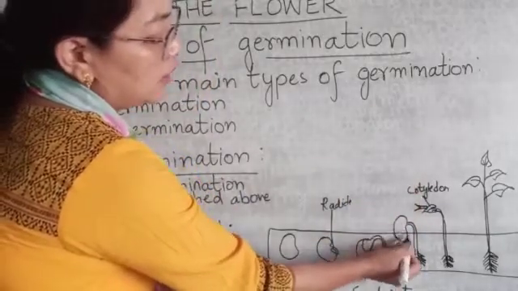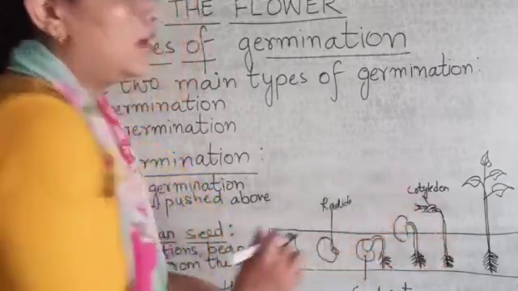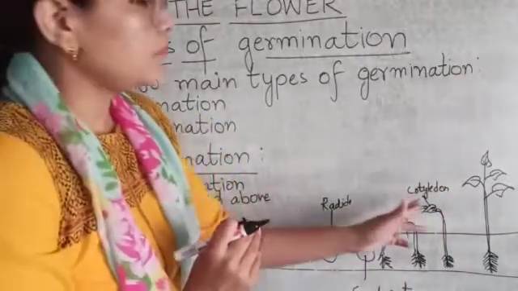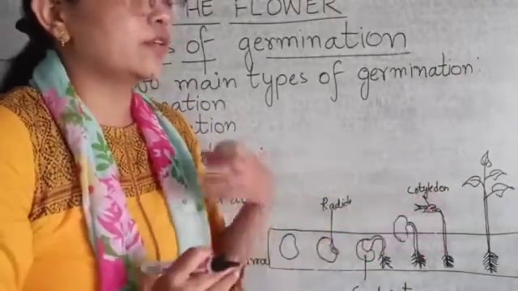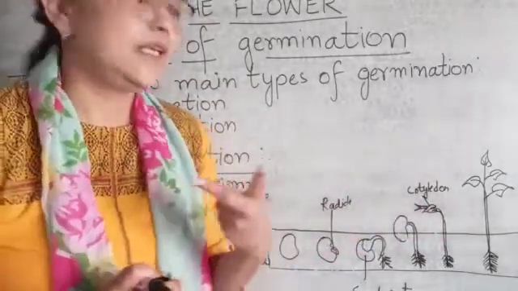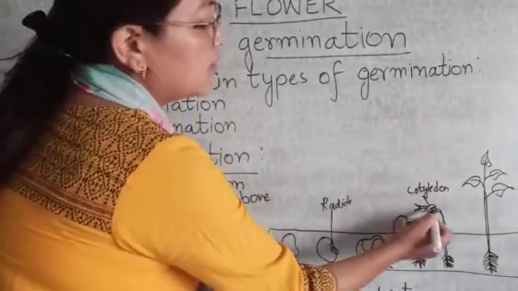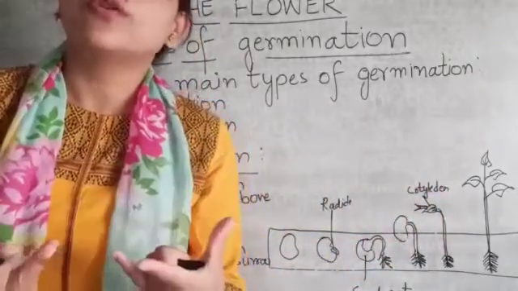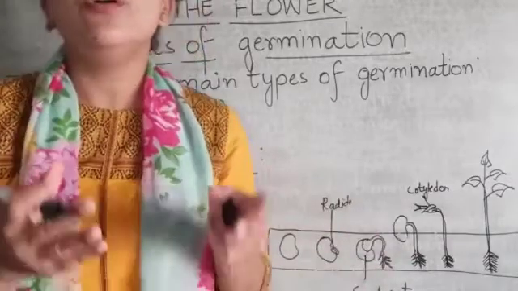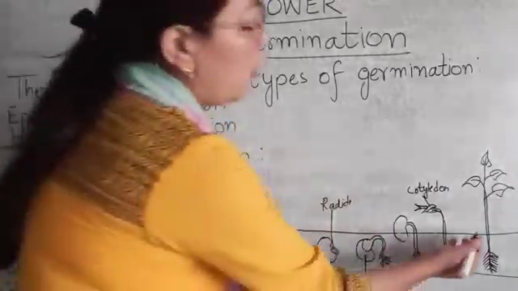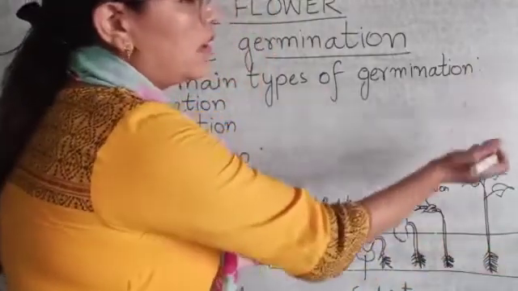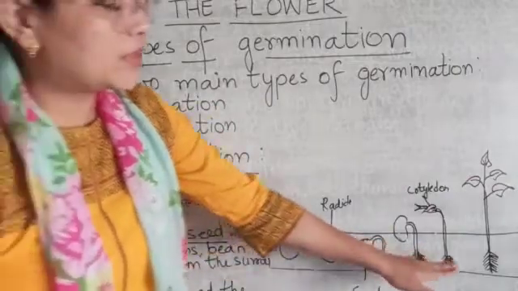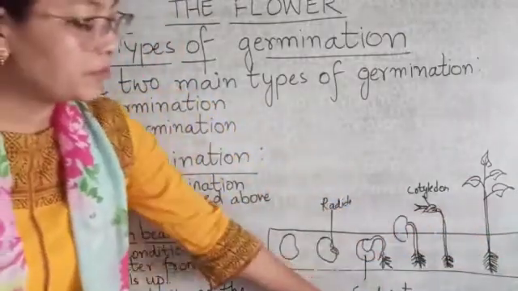Then the plumule grows and develops two green leaves, and the cotyledons give food for the growth of the plant, and later on they fall off. So this is how the plant grows upward. Got it? And this is how epigeal germination takes place in the bean seed.